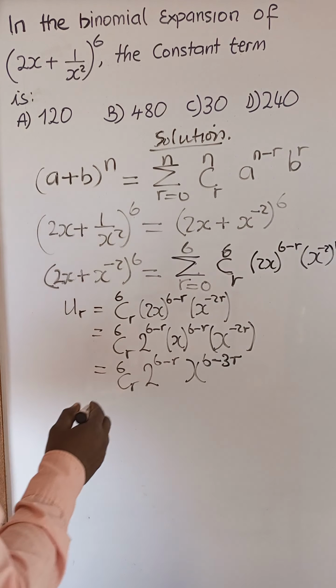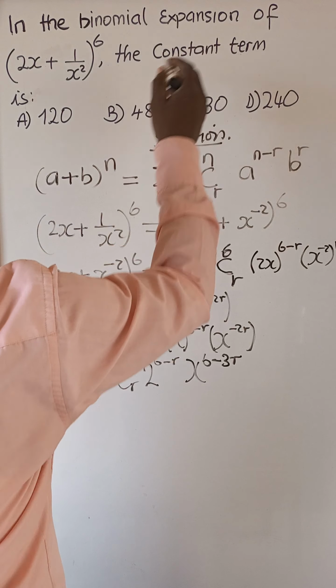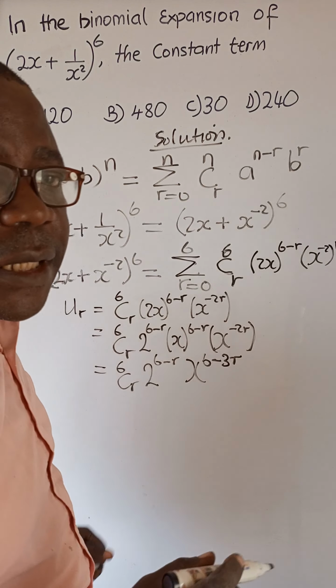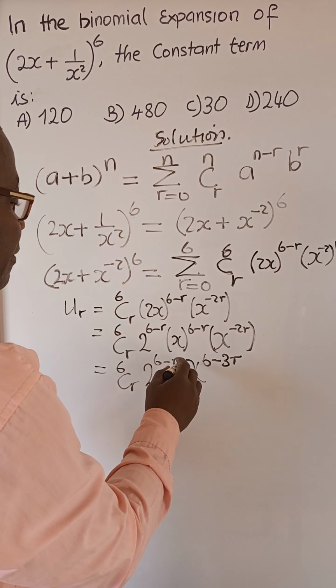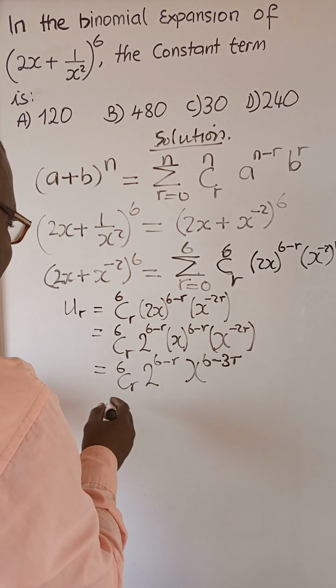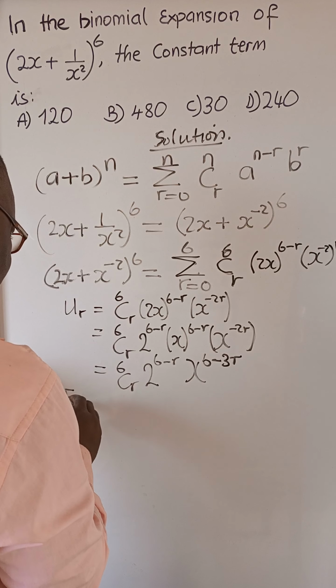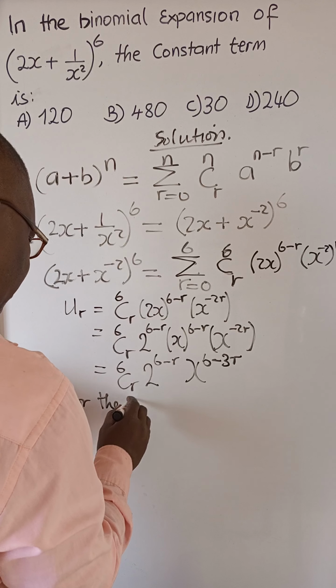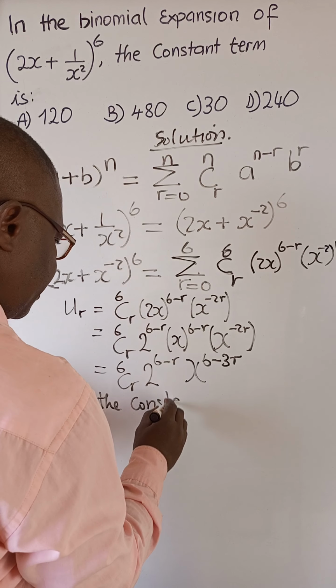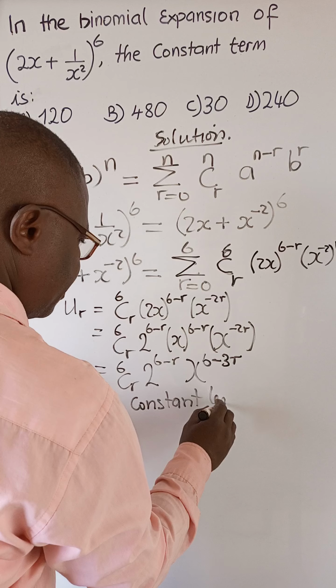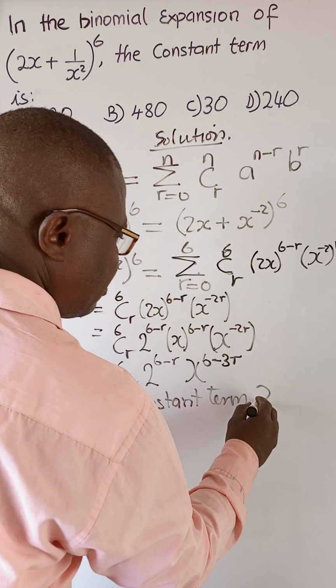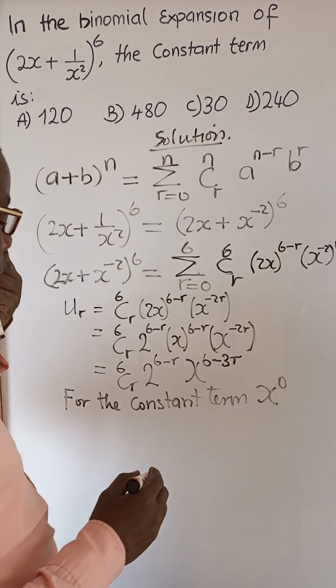Okay? Now, to get the constant term means that term that does not have the variable x. Alright? So for the constant term, the variable x has power 0.